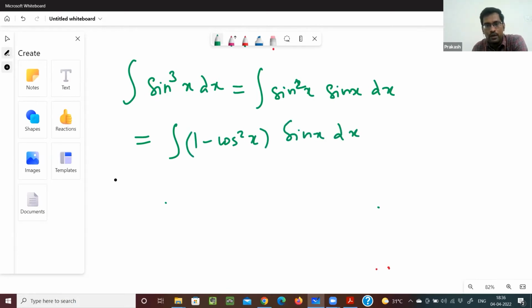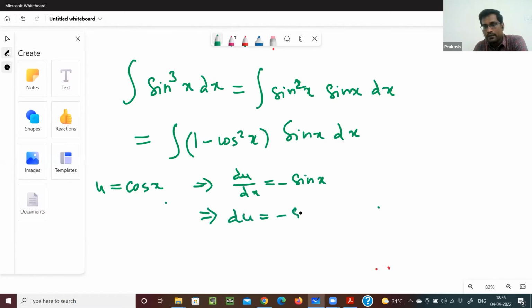Now I am assuming u equal to cos x. Then du by dx is nothing but minus sin x. So we can rewrite du equal to minus sin x into dx.